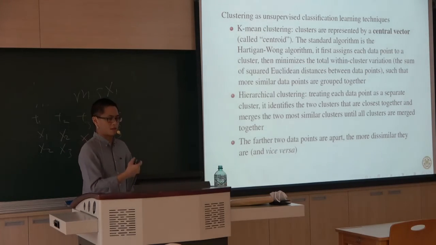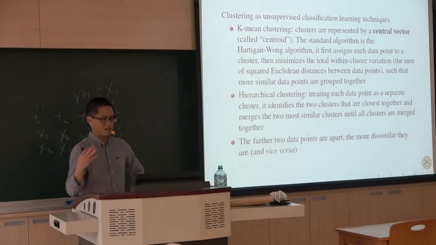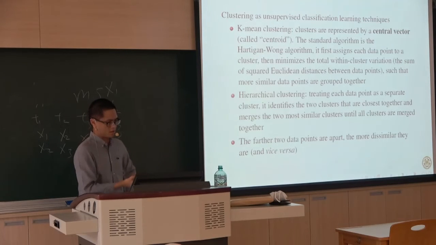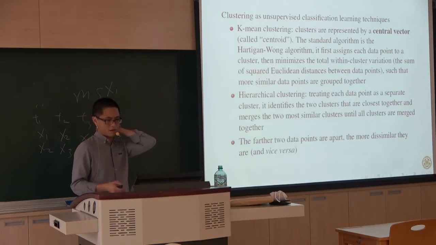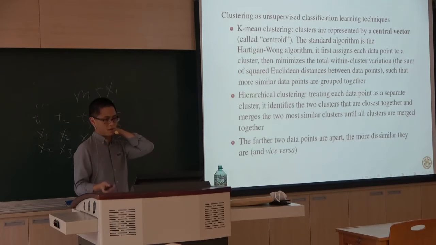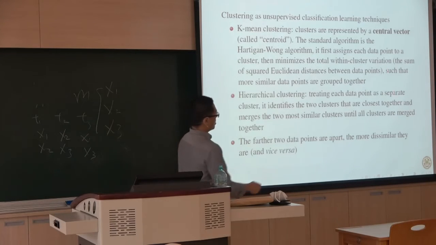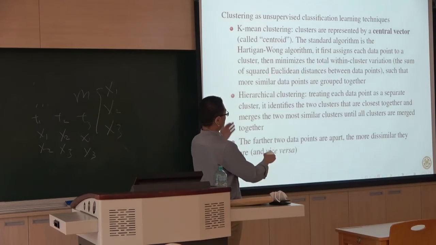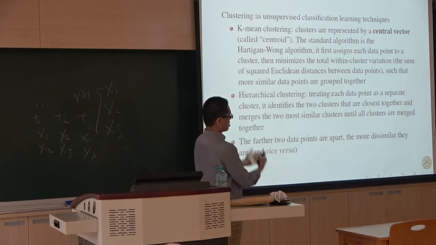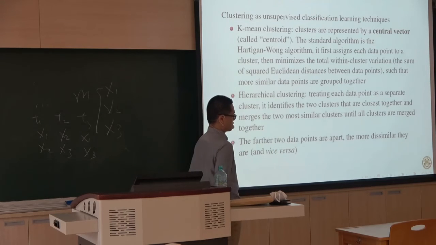First assign each data point to a cluster, and then you seek to minimize the total within-cluster variation, which is calculated as the sum of squared Euclidean distances between each data point and the centroid. Then you keep updating, such that more data points are grouped together, until you find the optimal position of the centroids.